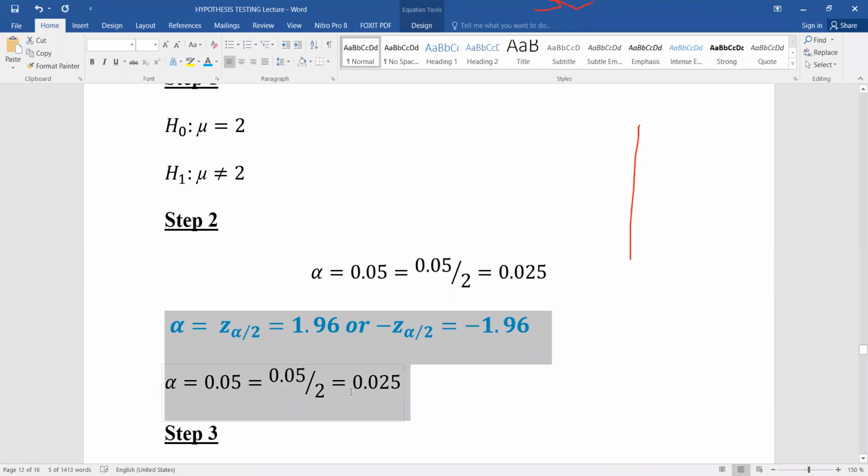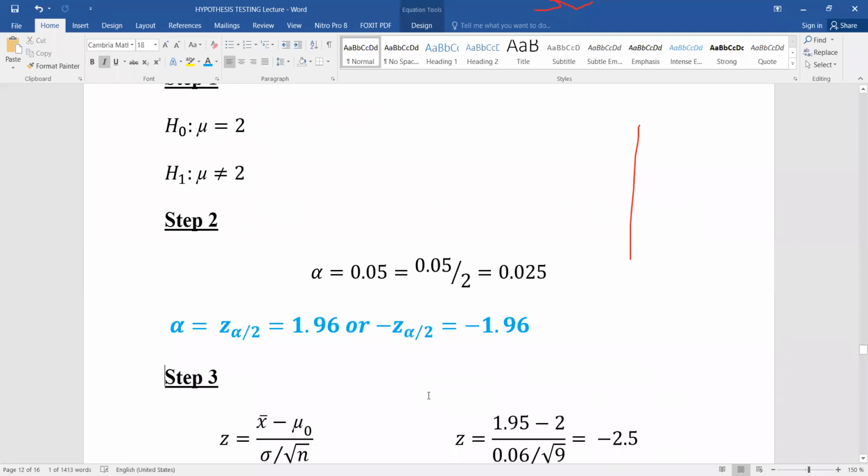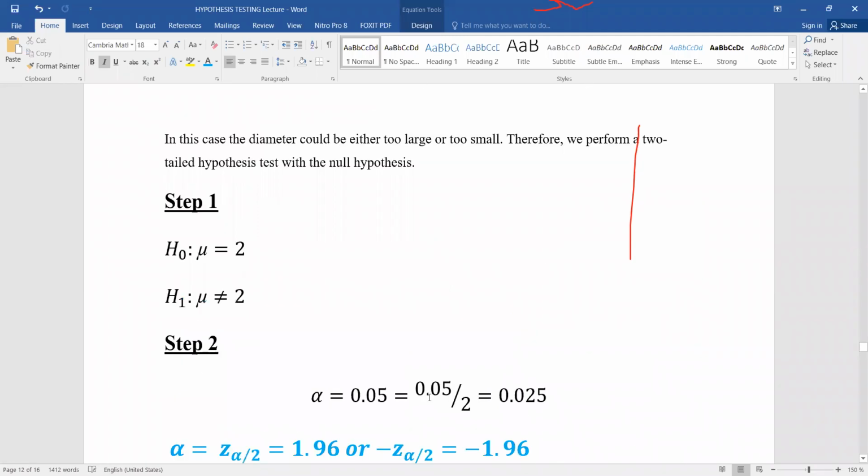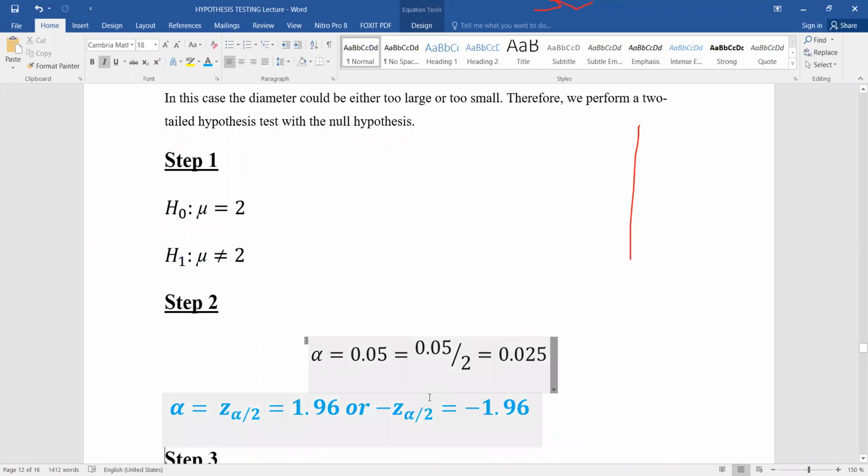So quickly calculate for me the Z computed. For me, I've already done it. I will not share my answer until I get your answers.